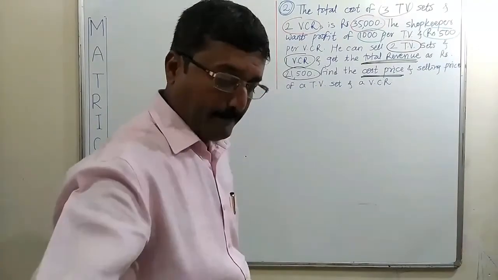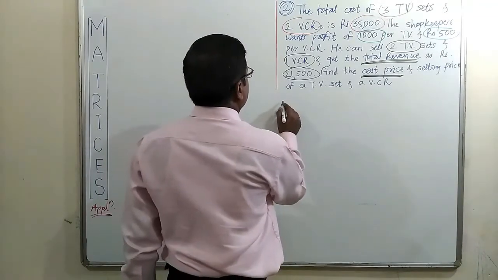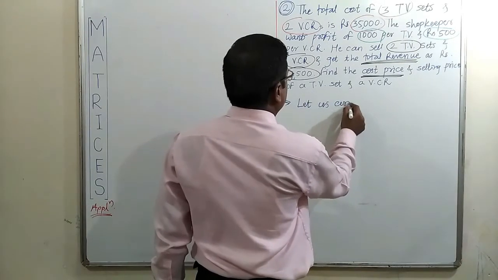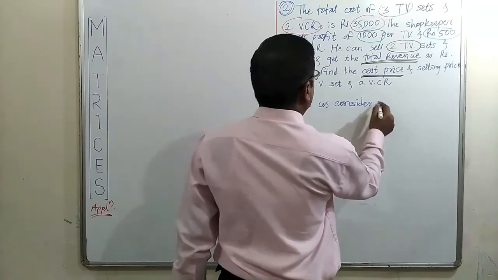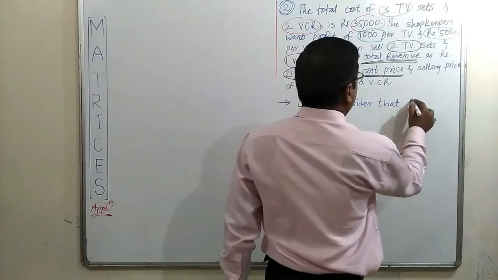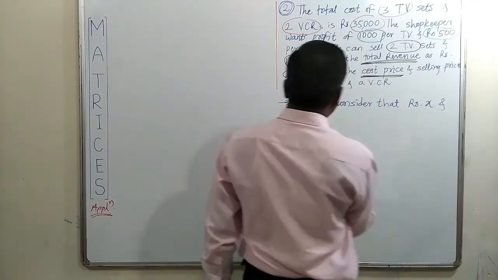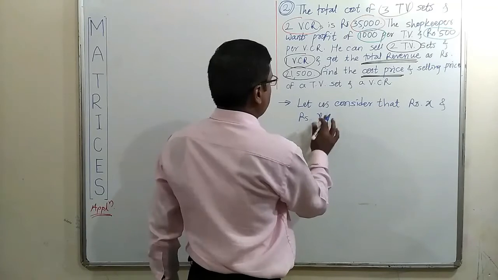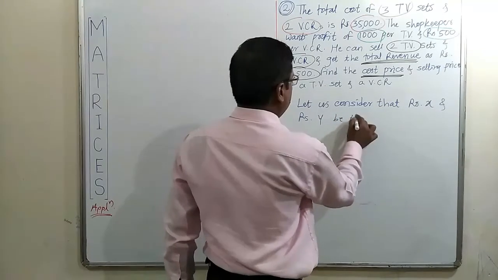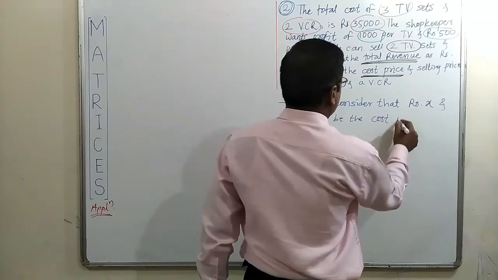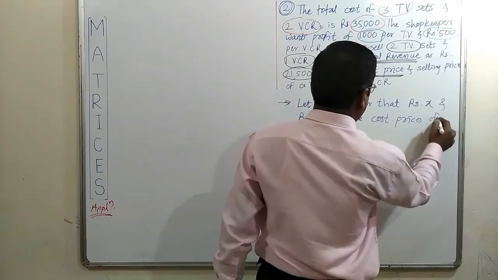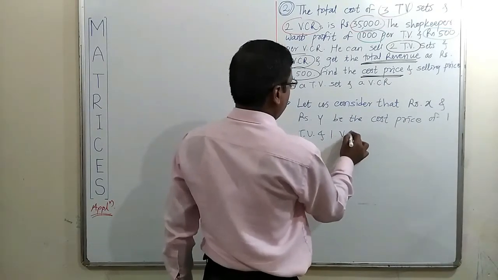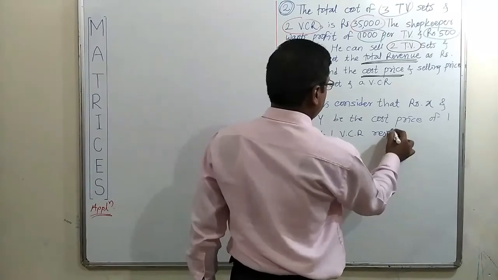Let us consider that rupees x and rupees y be the cost prices of 1 TV and 1 VCR respectively.